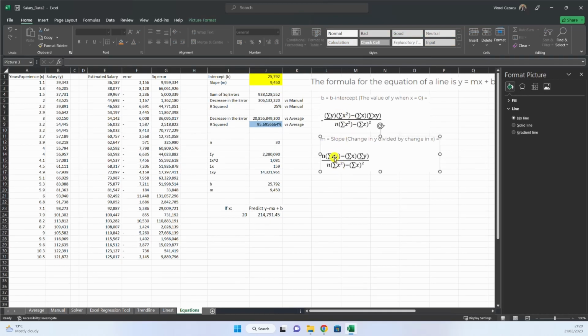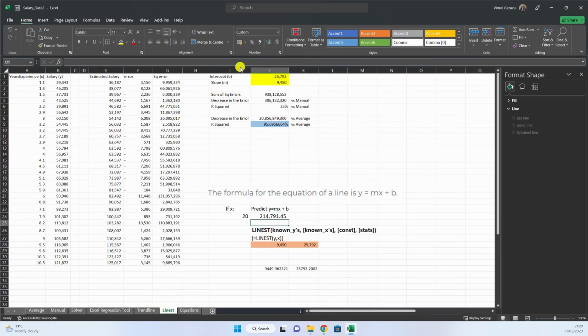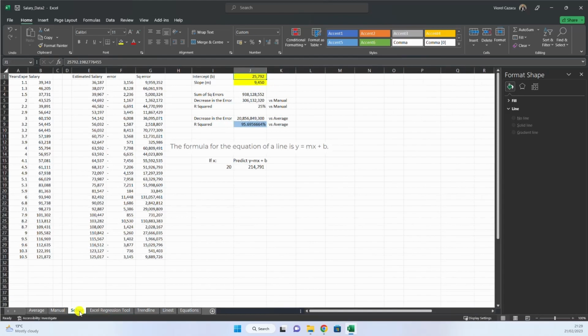So we have these formulas, and here I have calculated the parameters. n is the count, the number of variables, and then we have the sum of y, sum of x squared, and so on, sum of x, sum of xy, and then we just put this formula with these parameters, the formula for slope and for the intercept, and we get the same result as in LINEST, trendline, Excel regression, and Solver.